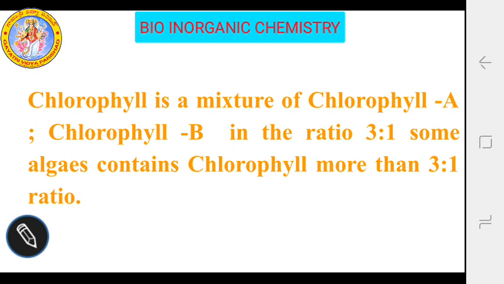Some types of plants called algae, which you generally find near ponds and rivers, contain chlorophyll in more than a 3:1 ratio, meaning more amount of chlorophyll A and B. We can see a more greenish color in algae. So on the next screen I will show you the chlorophyll structure.